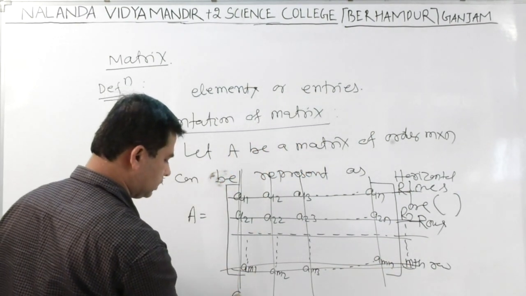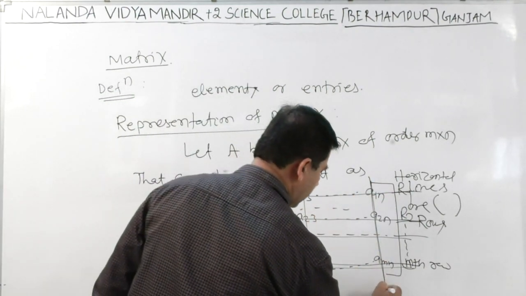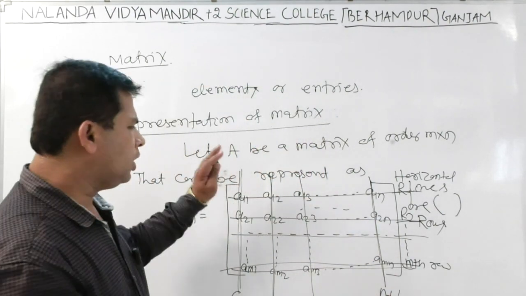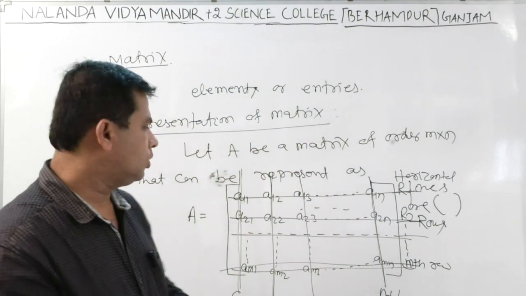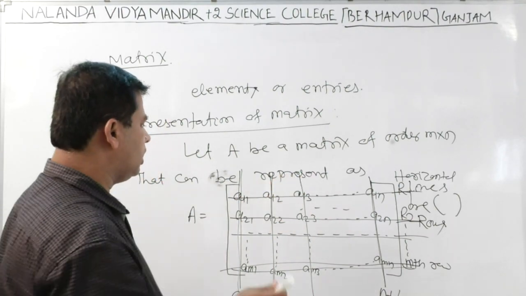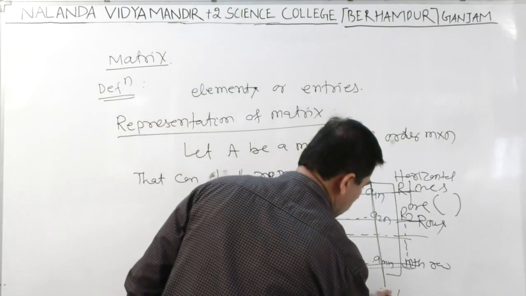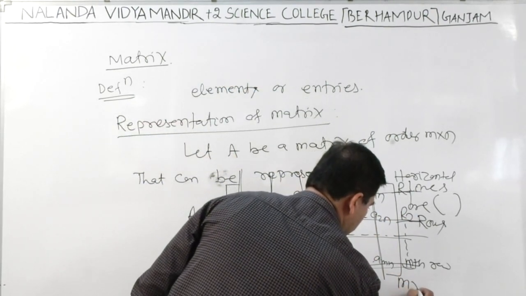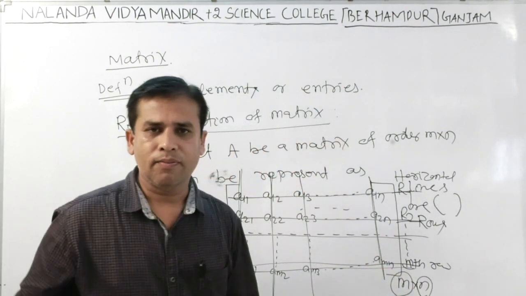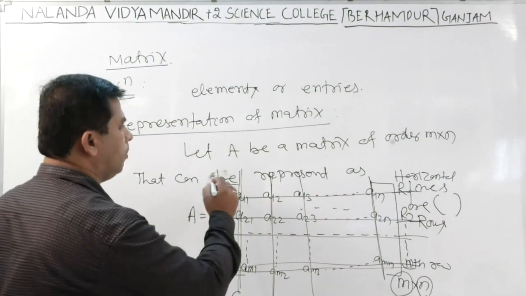Similarly, this is our first column, this is our second column, this is our nth column. Now the total number of elements present in this matrix is the number of rows multiplied by the number of columns. The order of the matrix is m cross n, with m rows and n columns. Therefore, the total number of elements present in this matrix is mn.